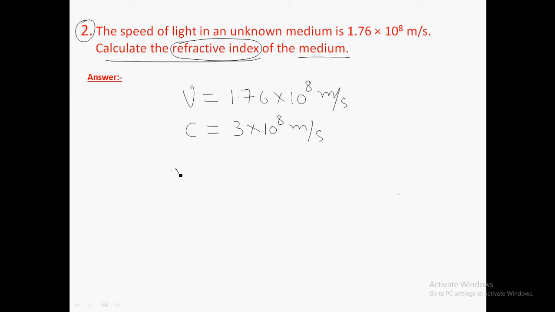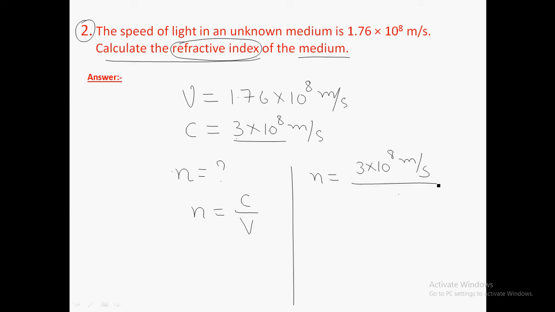As we know, the formula for the refractive index is N equals c by v. From this, N is equal to c, which is 3 times 10 power 8 meters per second, divided by the speed in the medium, 1.76 times 10 power 8 meters per second.